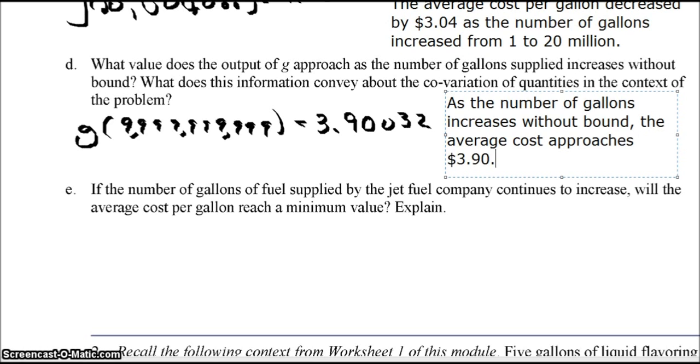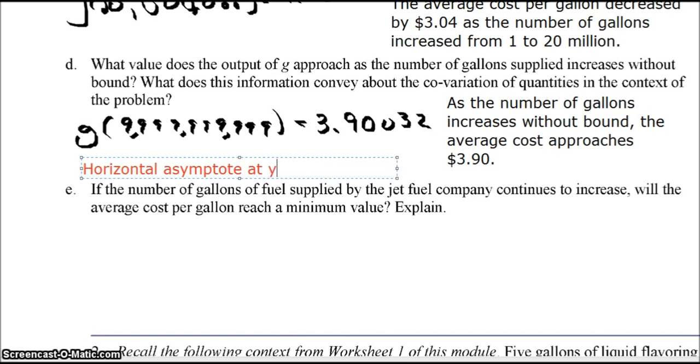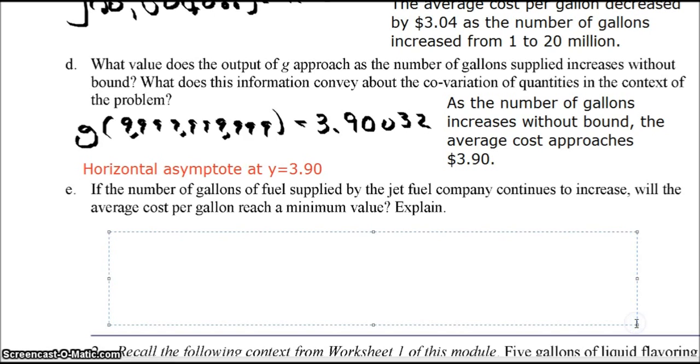You could even look on your calculator and see that if you just keep scrolling to the right forever, the output gets closer and closer to 3.90. And that's actually what we call a horizontal asymptote. There's a horizontal asymptote at y equals 3.90. So even though the function approaches 3.90, the output will never quite reach it.